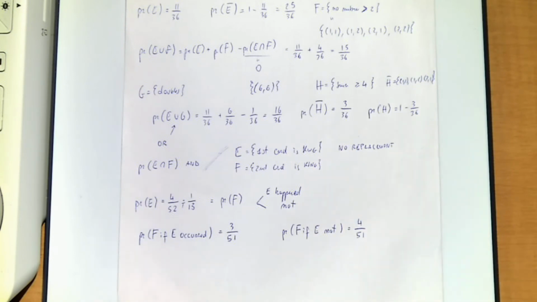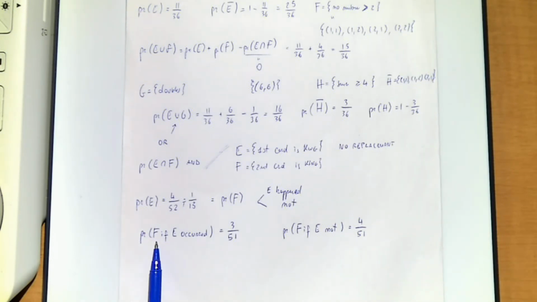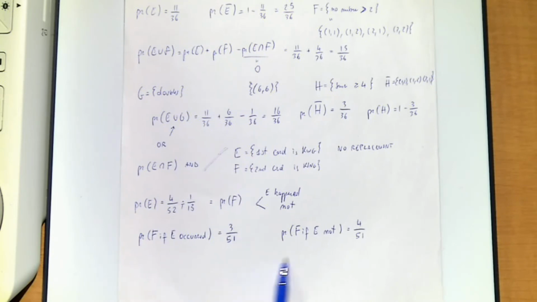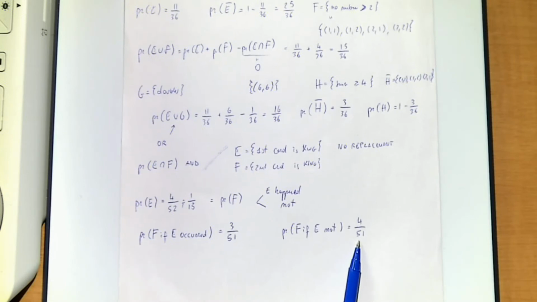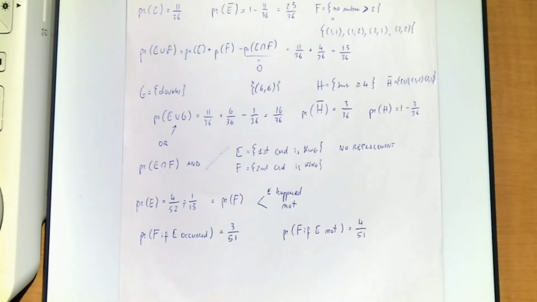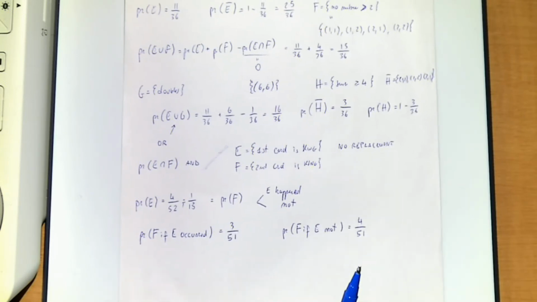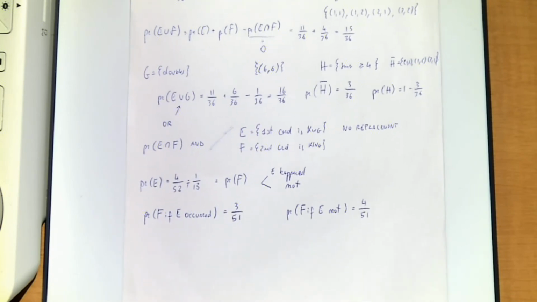And look at this, it's interesting. If F happens after E and E occurred, so if I did draw a king, then the chances of drawing another king are actually lower, because I have 1 less king in more or less the same amount of outcomes. But if I didn't draw a king, then my chances are actually higher because my total space is 1 less. So this is really important. It's a really important distinction even in this very simple experiment.